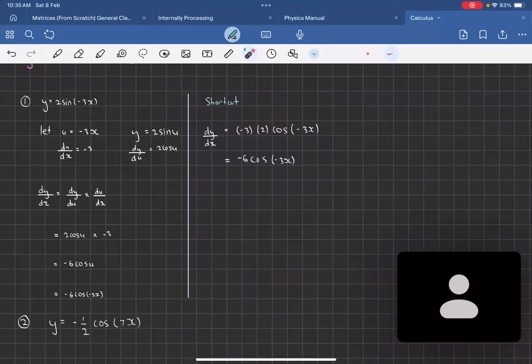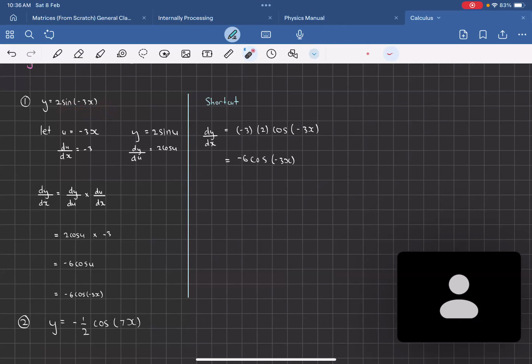Obviously we don't know how to differentiate sine of minus 3x, but we know how to differentiate sine x. Do you know how to differentiate sine x? If I differentiate sine x, I get cos x.